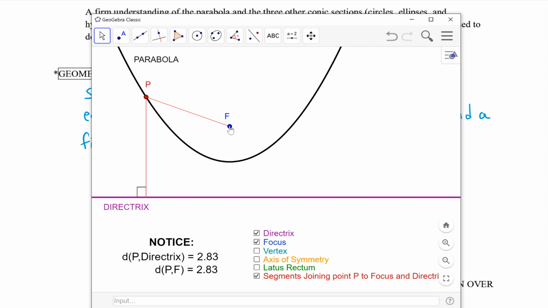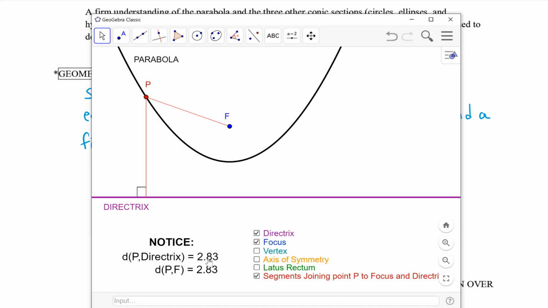So I picked a point, called it F. I graphed a line. And as soon as I picked that point and that line, that defined this very particular parabola. So the geometric definition says that this is a parabola as long as every single point on the parabola is exactly the same distance from that point called the focus as it is from this line called the directrix.